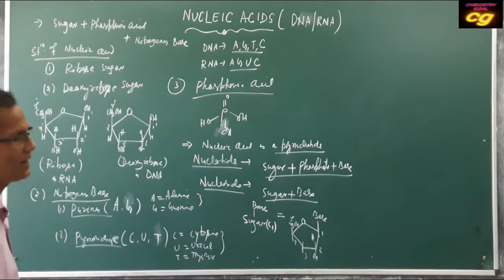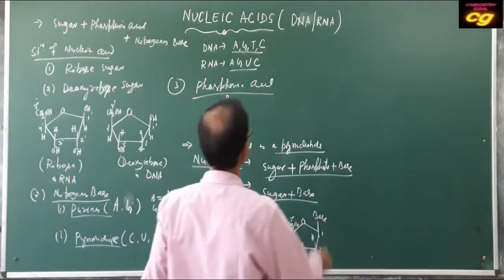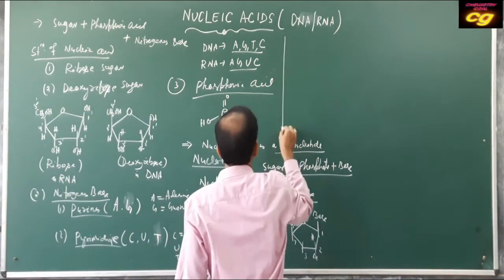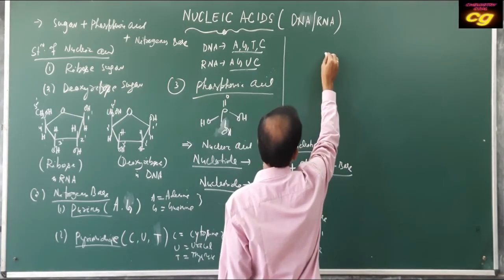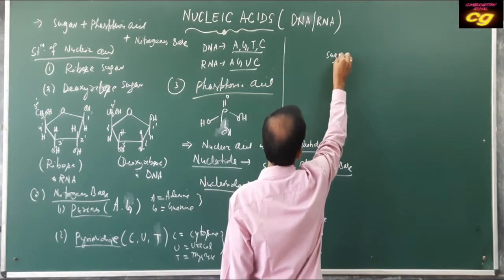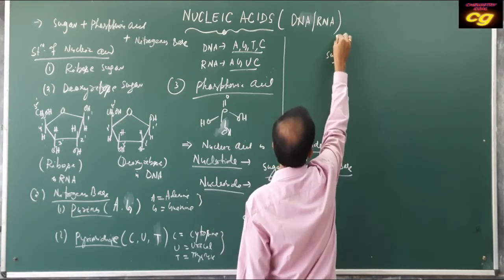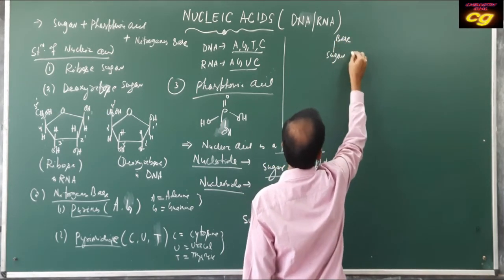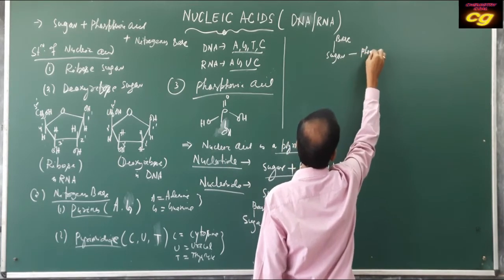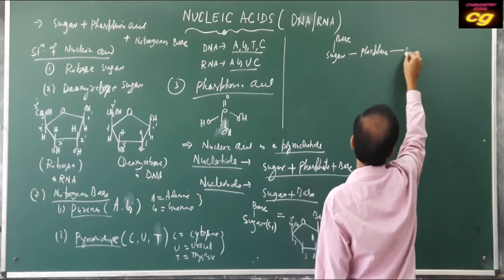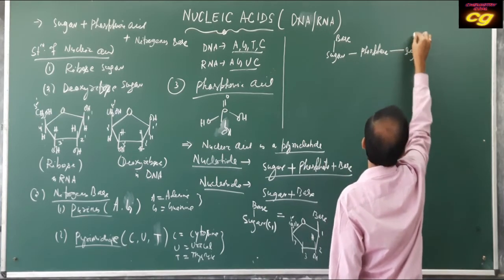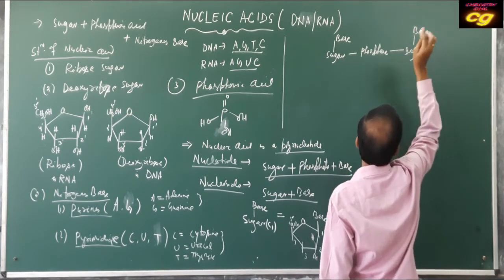But if you see the structure of a nucleotide, mainly here you have sugar with base, then phosphate, then the sugar, then base, like this.